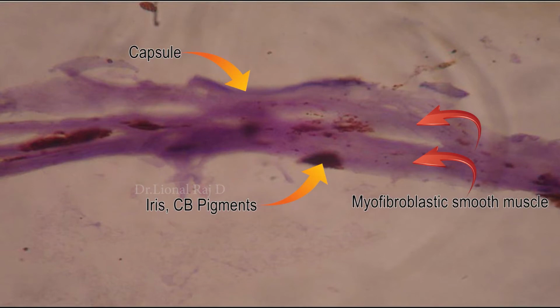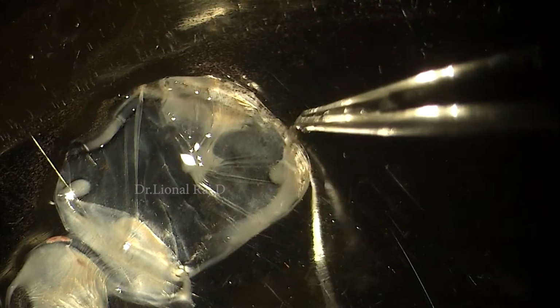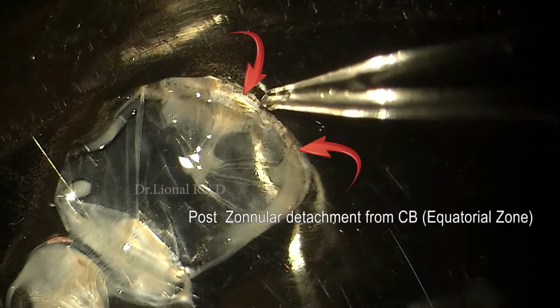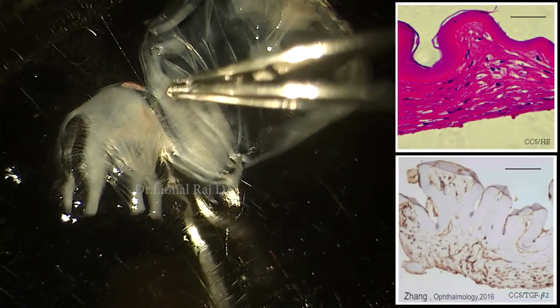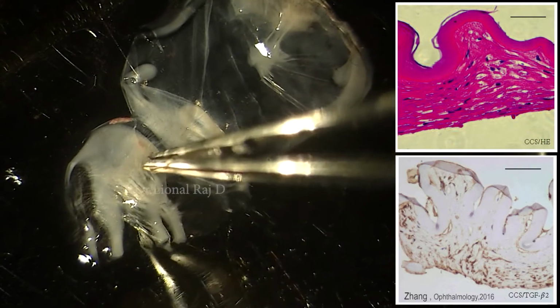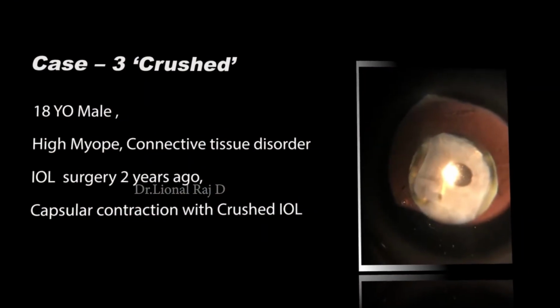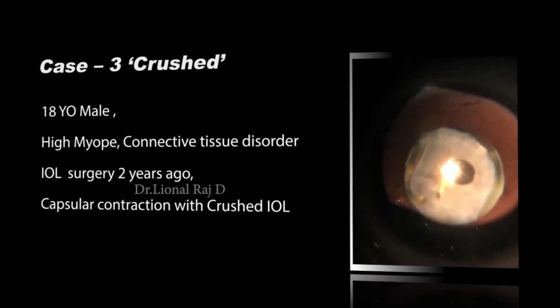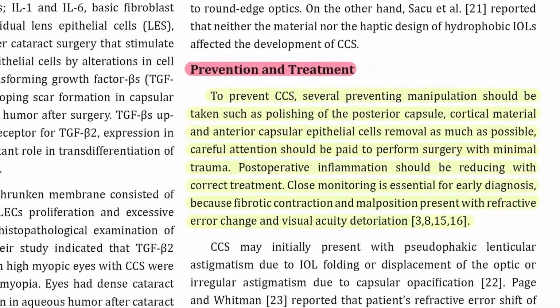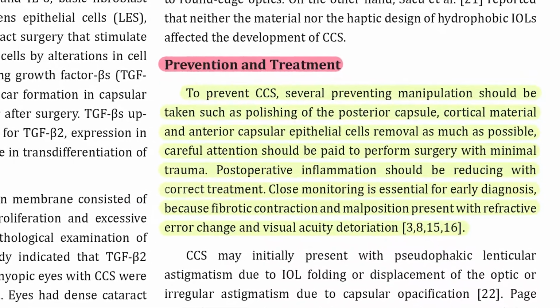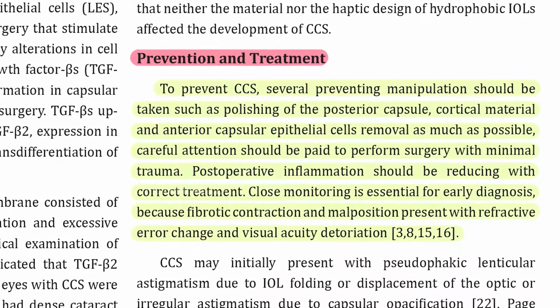The imbalance between the centrifugal zonular forces and excess centripetal smooth muscle forces results in zonular detachments and dislocation of the lens bag complex, which adequate PC polishing, maximal removal of anterior lens epithelial cells, and appropriate post-surgical inflammation control could prevent.